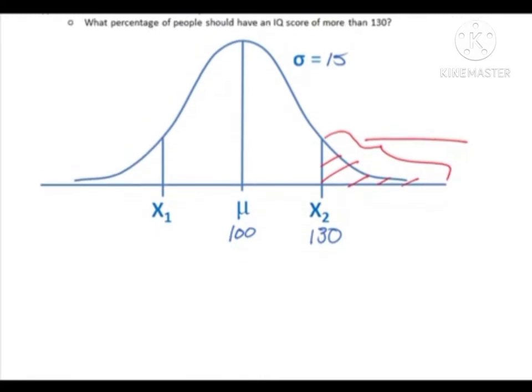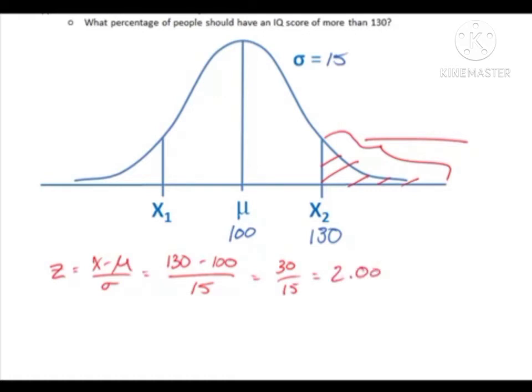Again, we look at the z, which is equal to x minus the mean over standard deviation, which is 130 minus 100 over 15, which is equal to 30 over 15, which is equal to 2.00. The distance between mu and x is 2.00 standard deviations.